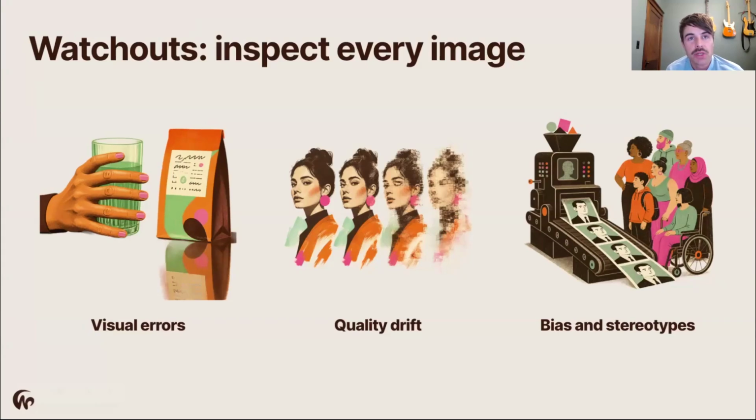Another big call out that we like to emphasize is quality drift. If you have very long conversations where you're iterating a lot, your original subject image might get distorted. Or if you supply an image that was generated using AI, and then continue to iterate on that, your subject again will slightly get warped over time and start to look a bit funny. So starting with a fresh reference image when you're creating new imagery is definitely best practice.